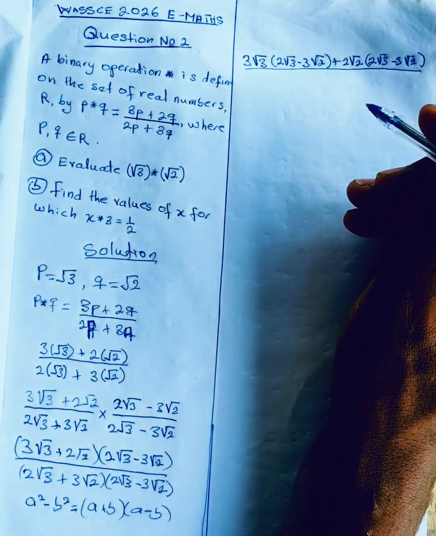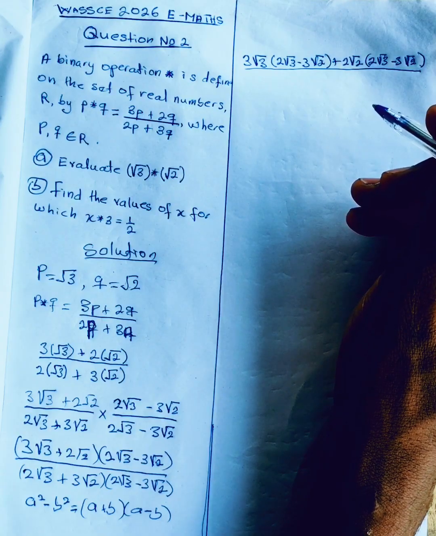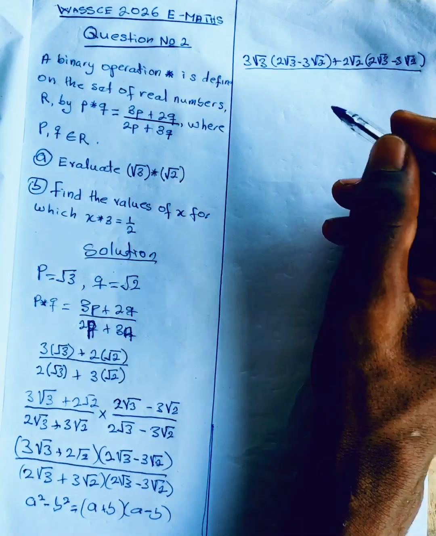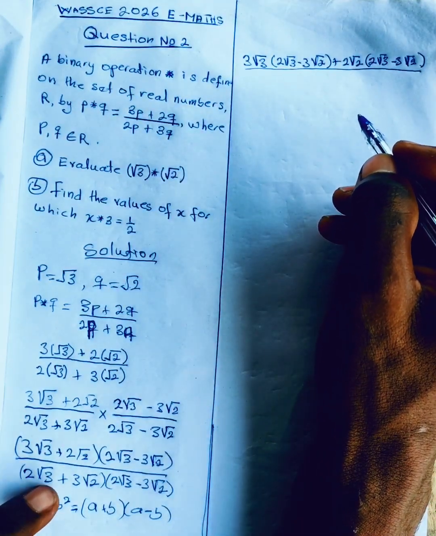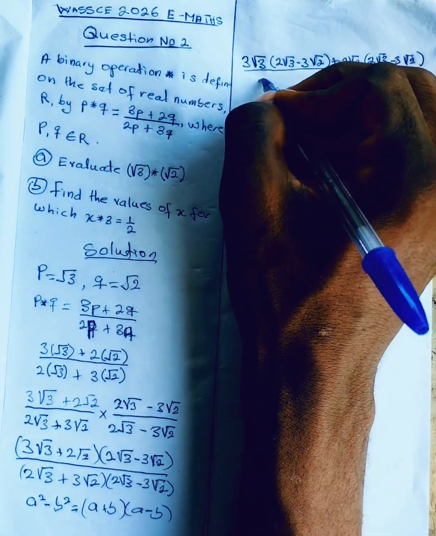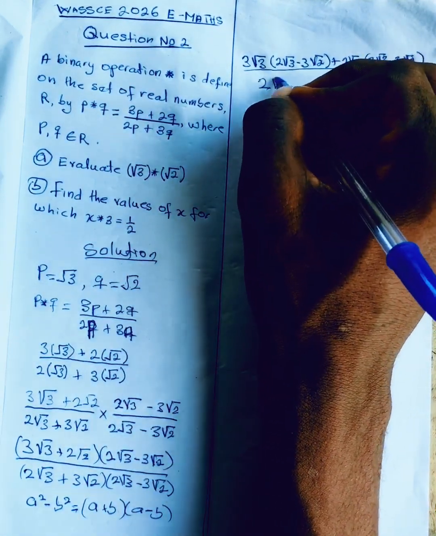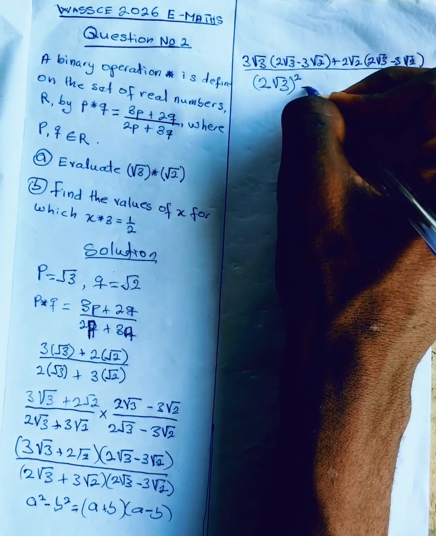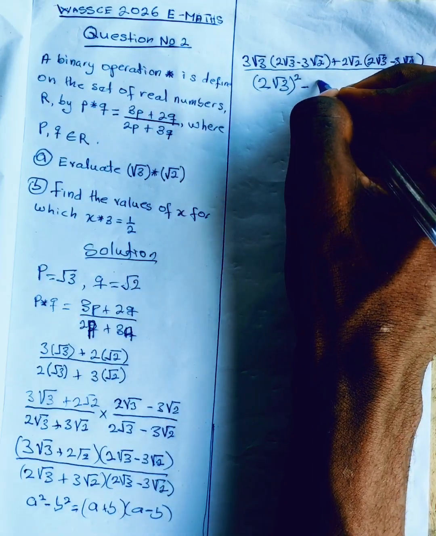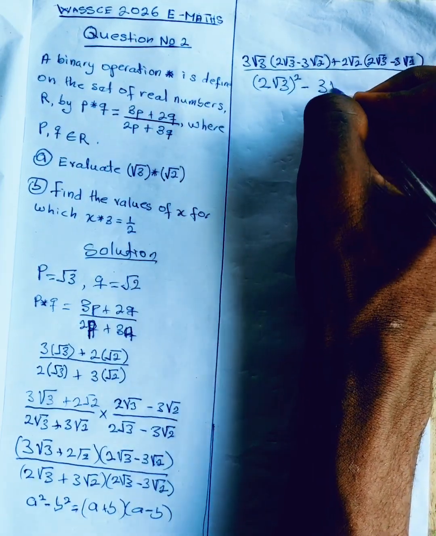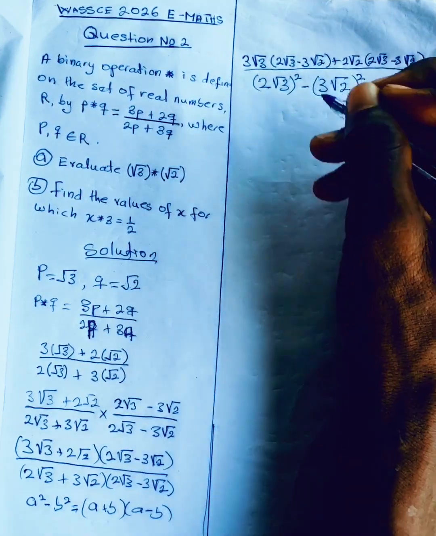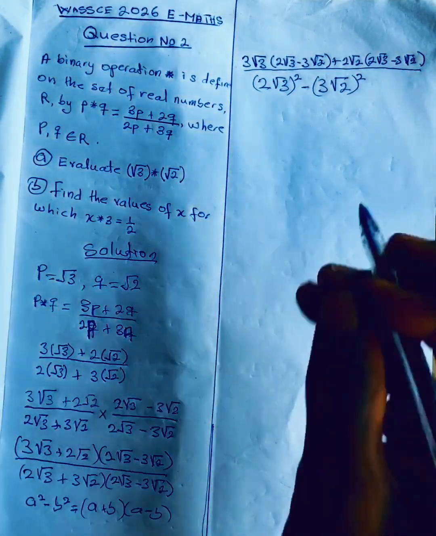Now we are going to apply the difference of two squares method in the denominator, which will be 2 root 3 all squared, minus 3 root 2 all squared, to avoid writing this long expression.